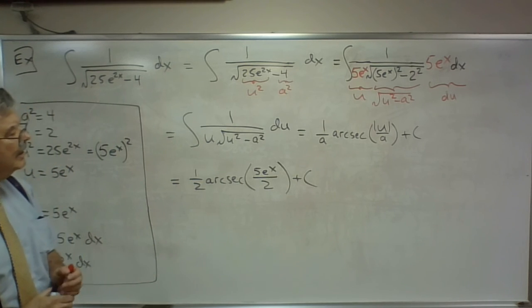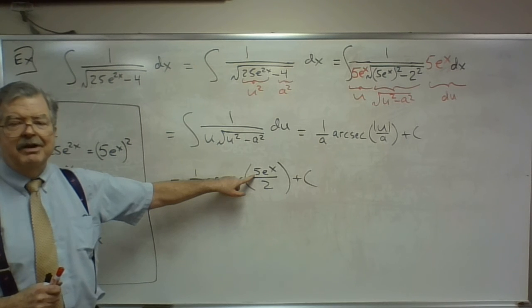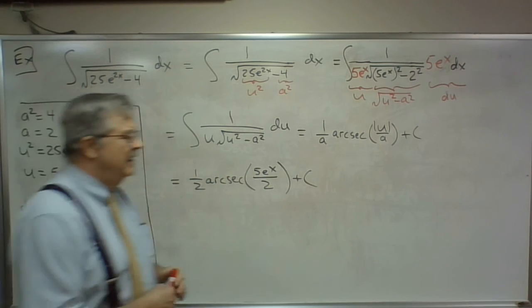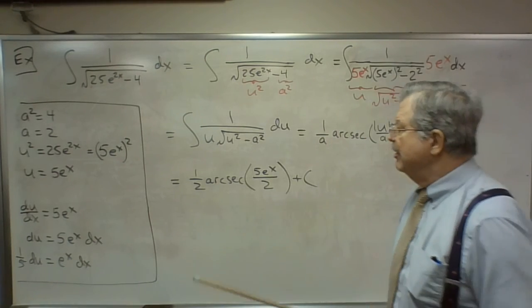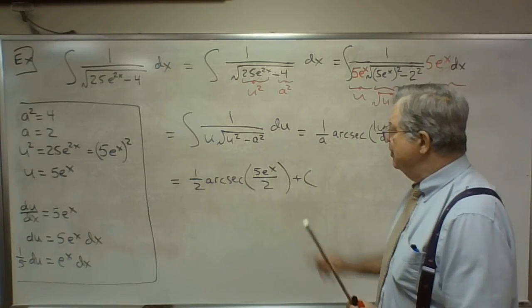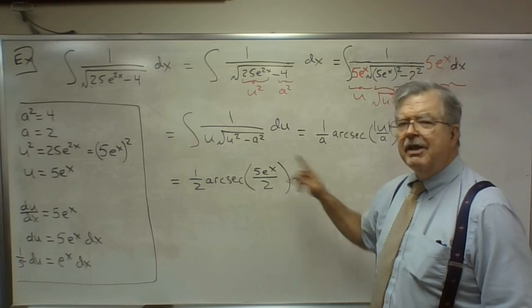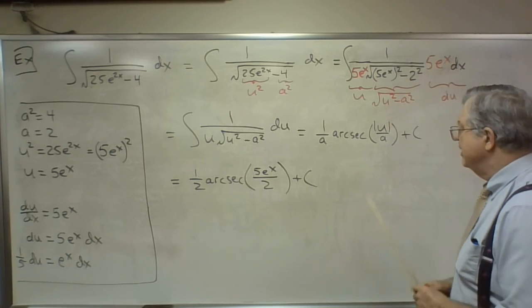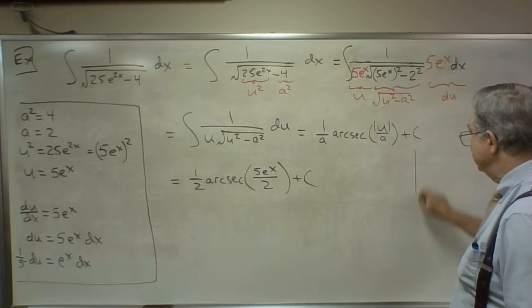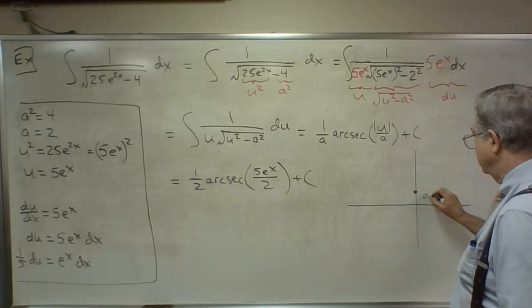And you know what? I ain't going to put absolute value here. Not because I'm stubborn, but our u is 5 e to the x. Think about what the graph of e to the x looks like. Here's the graph of e to the x.